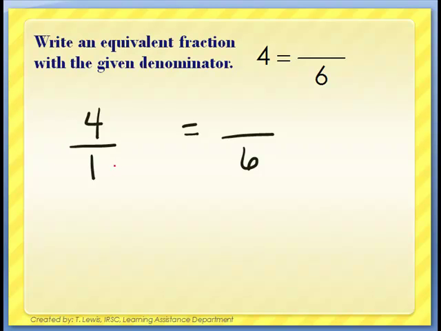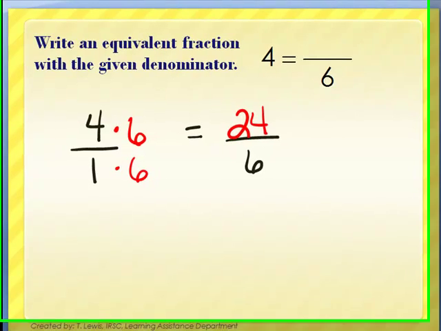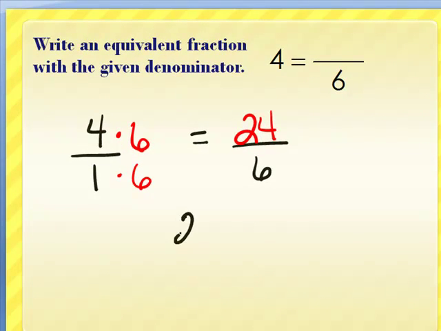Well, we're going to multiply 6 to the 1, and as we multiply 6 to the 1, we're going to multiply 6 to the 4. We multiply 6 and 4, and we have 24. So what fraction is equivalent to 4 when we convert the denominator into 6? We have 24 over 6.